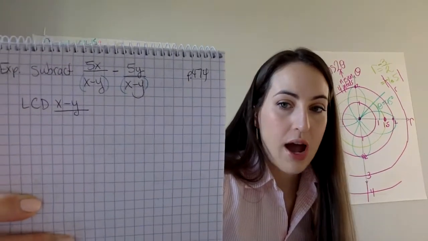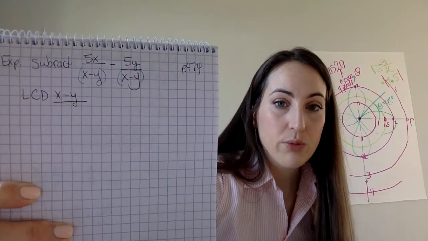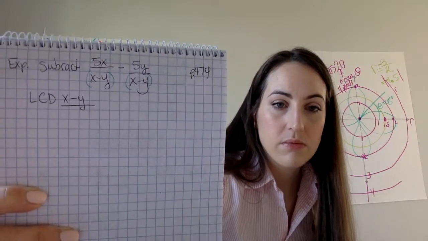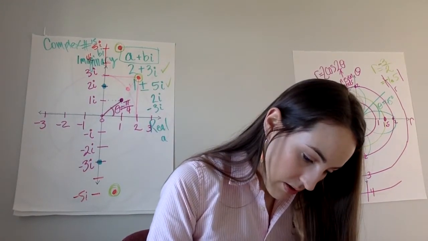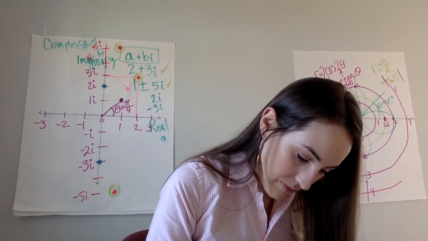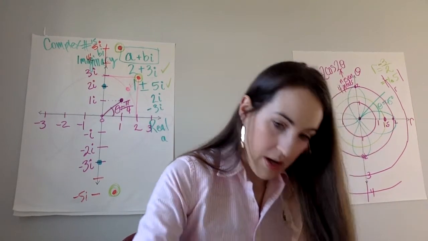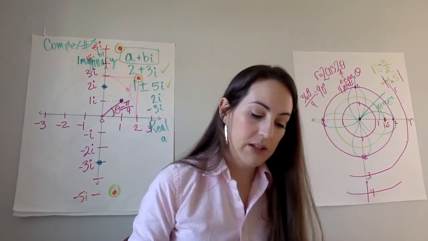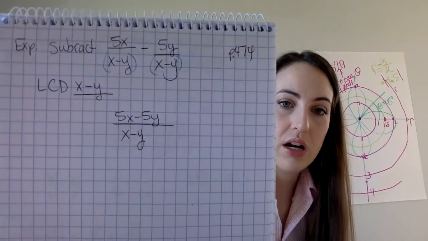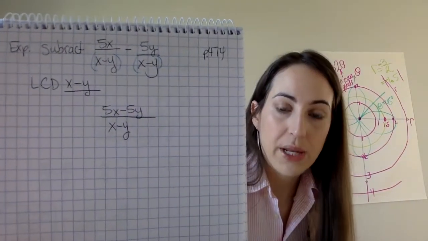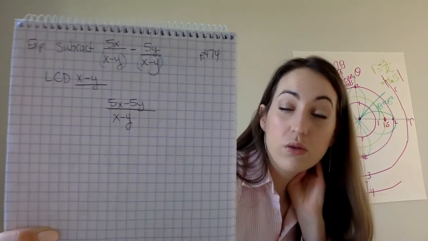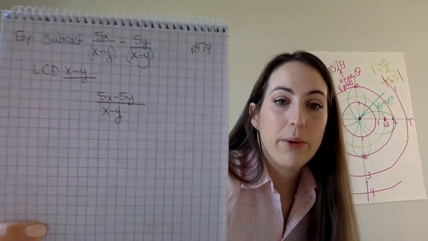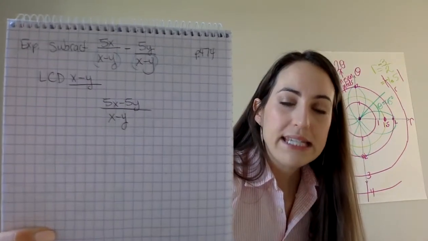Now we can just subtract the numerators as the sign shows us. Okay, so I've written my 5x minus 5y in the numerator, and I've written it with the same denominator because they're the same. We were done at this point in the last problem, but we want to see if we can simplify.